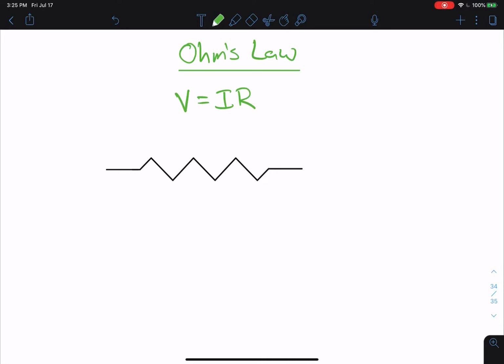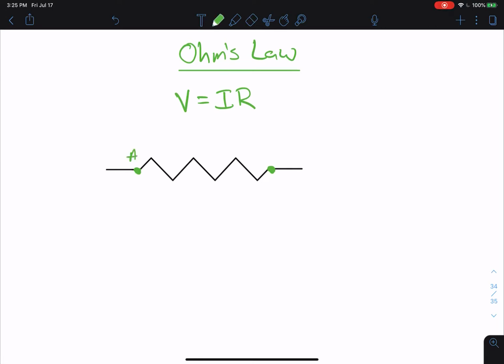So when I'm talking about V, the voltage drop across the resistor, you want to look at the points at the beginning and end of the resistor. If we look at those 2 points, we could measure the potential at each point.